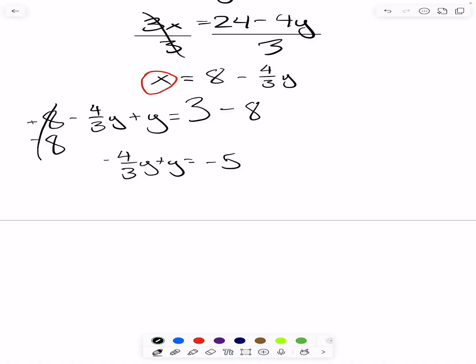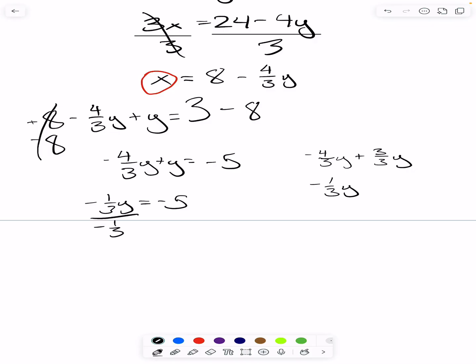If I wanted to get this y with a denominator of 3, what divided by 3 would give me 1? Well, that's 3. So now we have negative 4 over 3 y plus 3 over 3 y, and negative 4 plus 3 is negative 1. So now we have negative 1/3 y equals negative 5.